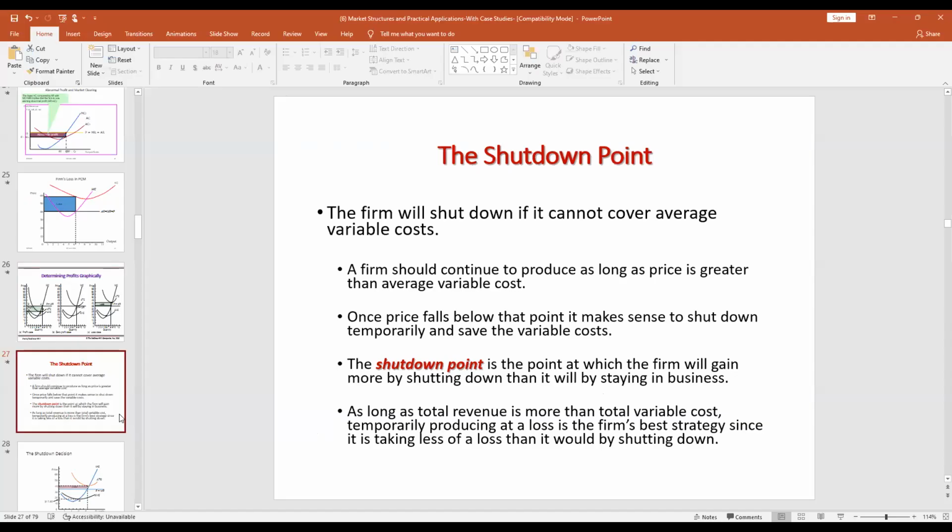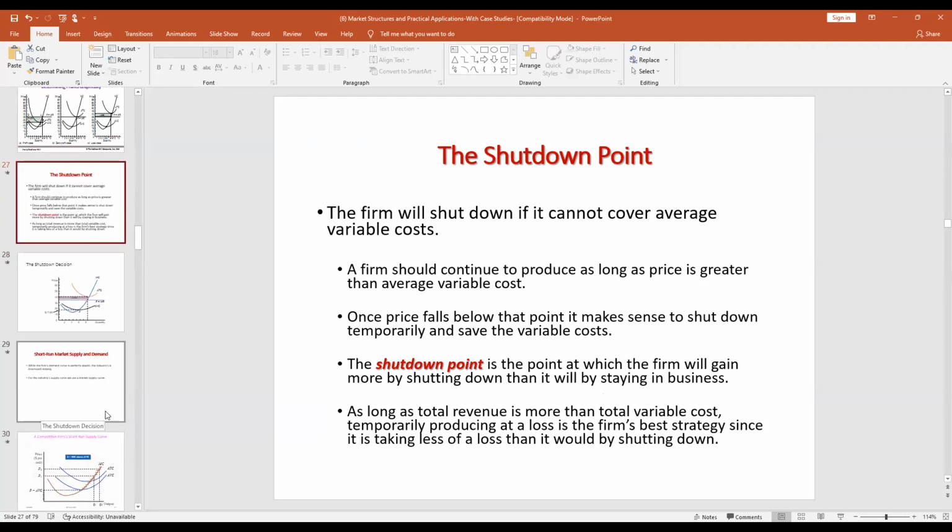Yes. Tell me whether you think that when your firm is going to have a loss, you are rational enough to close down your firm.